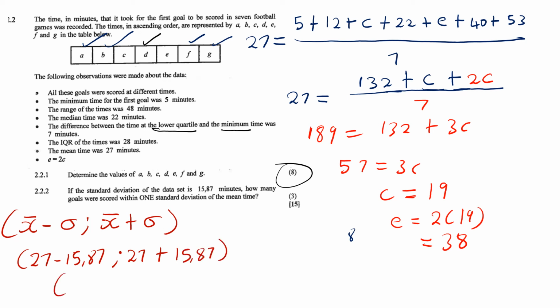Then if we subtract this, we get 11.13. And the other part, 27 plus 15.87, will be 42.87. Yeah, I think so.